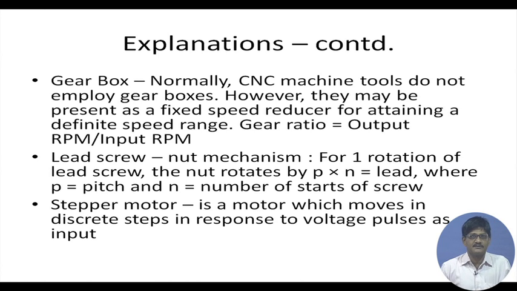This transfer function is: one rotation of lead screw produces lead amount of motion of the nut. What is lead equal to? Lead is equal to pitch into number of starts. We will have numerical examples of this, so we will discuss it at that time. And stepper motor, as we discussed, is such a motor which moves in discrete angular steps in response to voltage pulses as input.